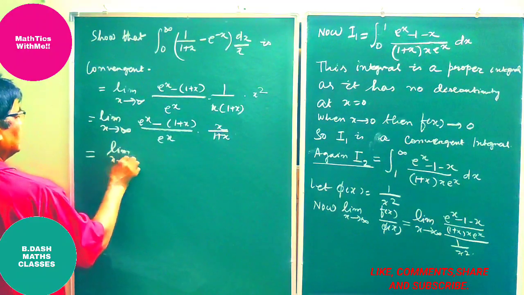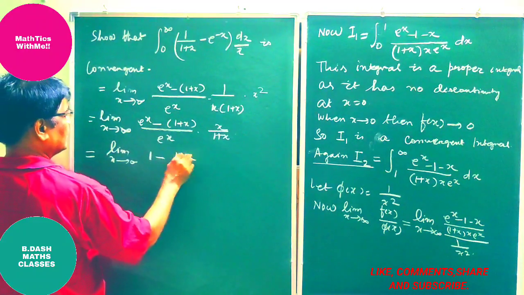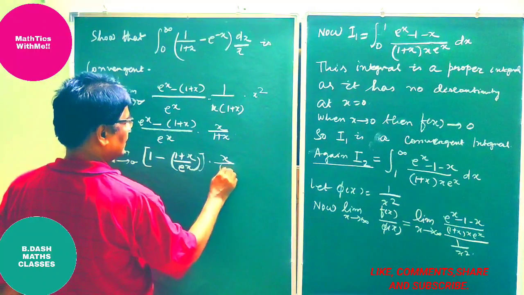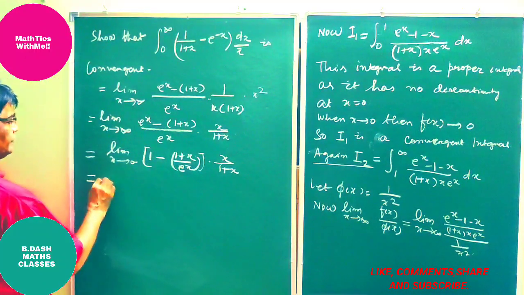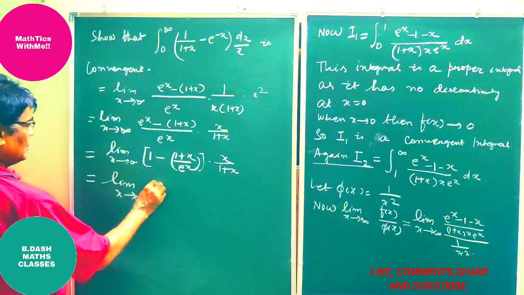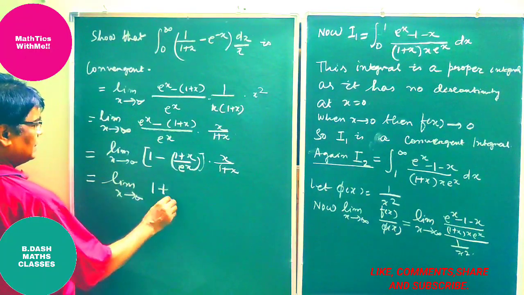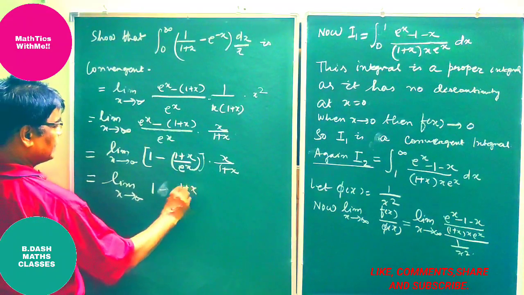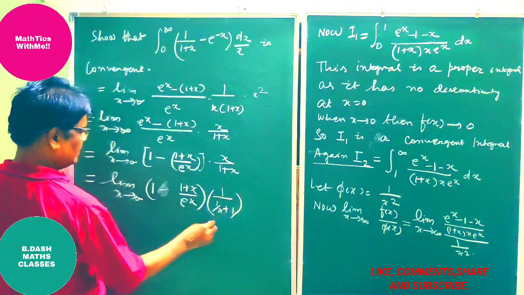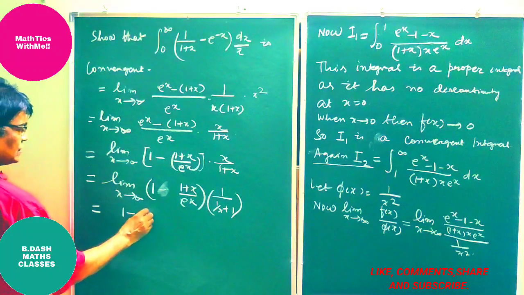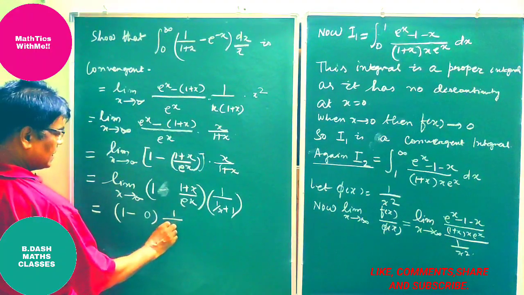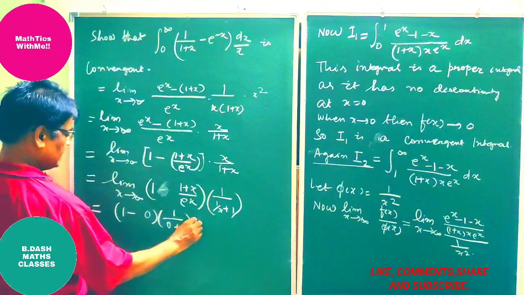Now the limit of (1 minus (1 plus x) by e to the power x) into 1 by (1 plus 1 by x) is equal to 1 minus 0, into 1 by (0 plus 1), which is equal to 1.